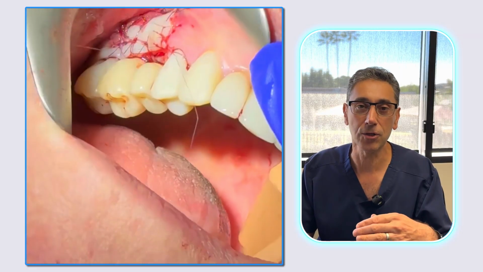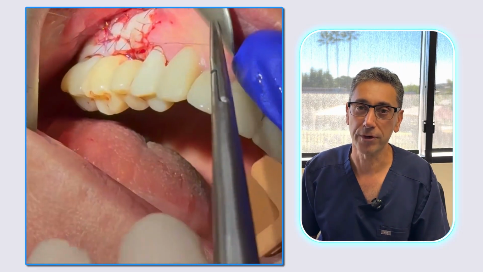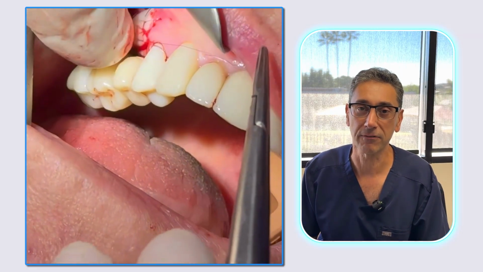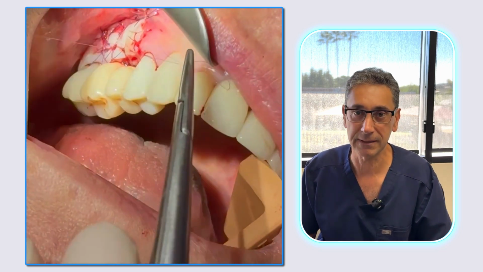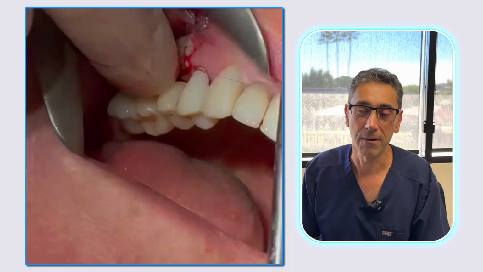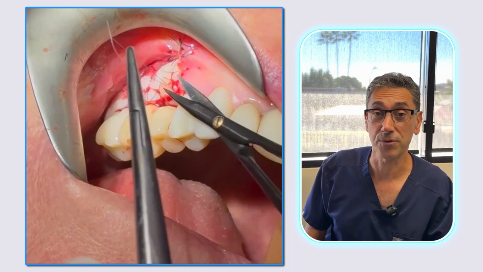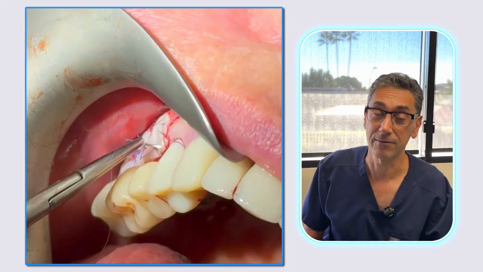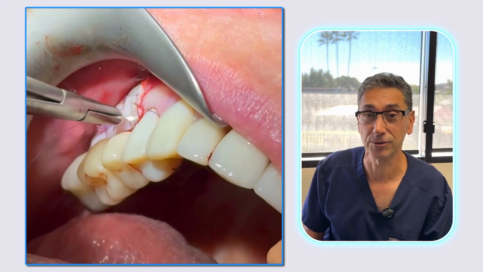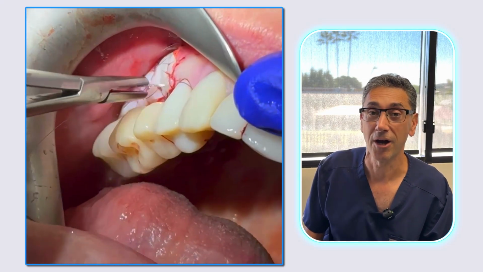Then I'm going to use the 6.0 Glycon for more securing of the tissue, because four sutures with the thin 7.0 PGA thread are not enough. We need more security, so we're going to use multiple, I would say 7 or 8, single sutures to secure that tissue on that area.